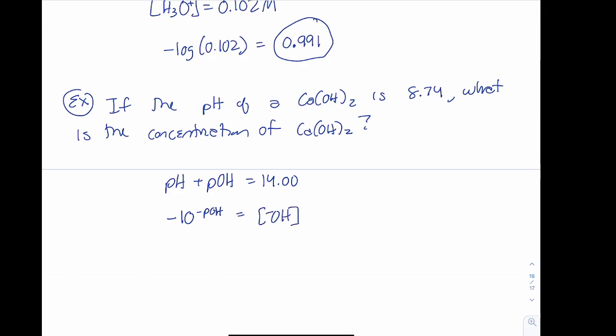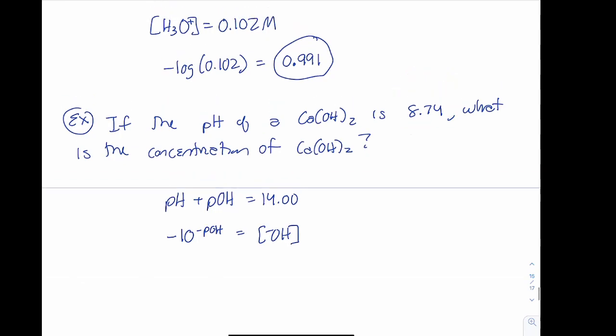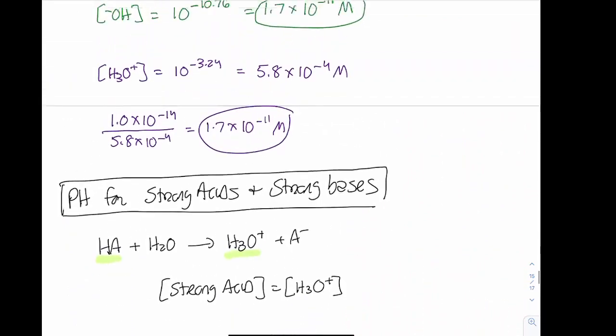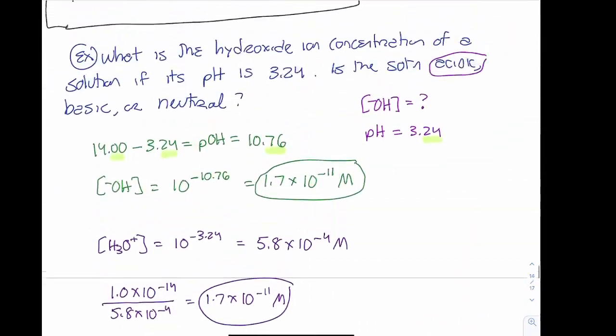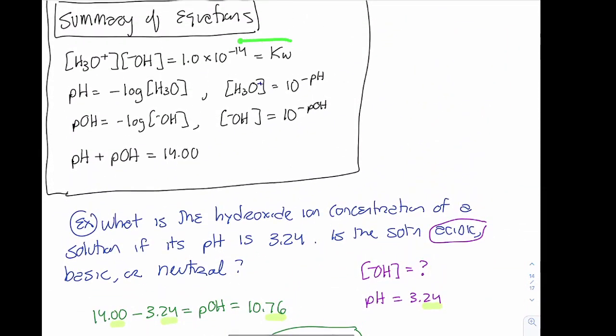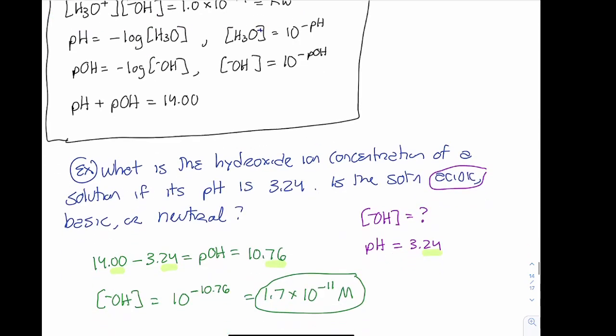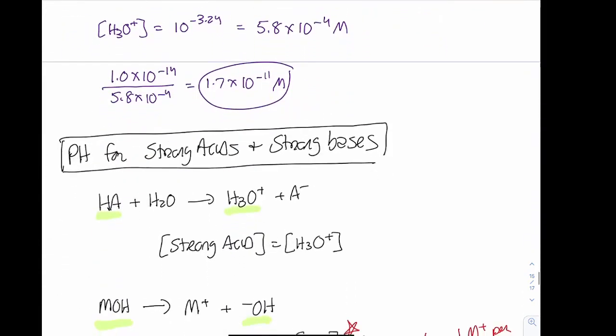That tends to be my preferred method. The other way is to take 10 and raise it to the negative 8.74. That'll give you hydronium ion concentration. And then, scrolling all the way back up, use our Kw expression to get hydroxide.